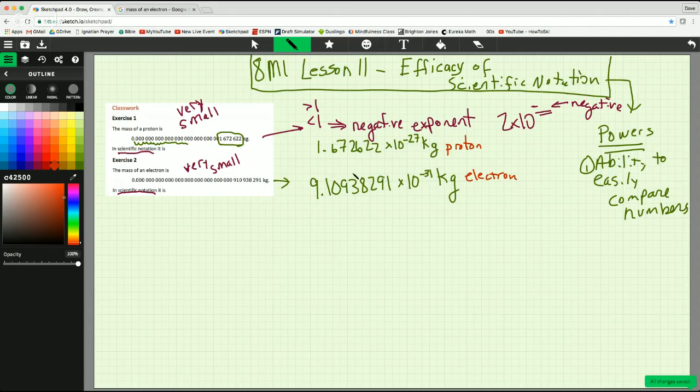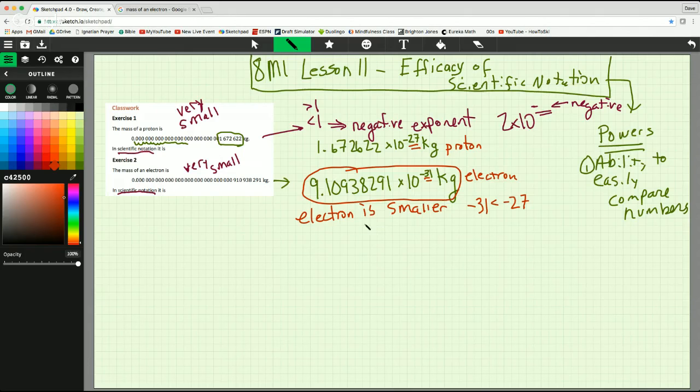Because this number is much smaller, and it's smaller because negative 31 is less than negative 27, the electron is smaller. The electron has less mass, is another way of saying it.